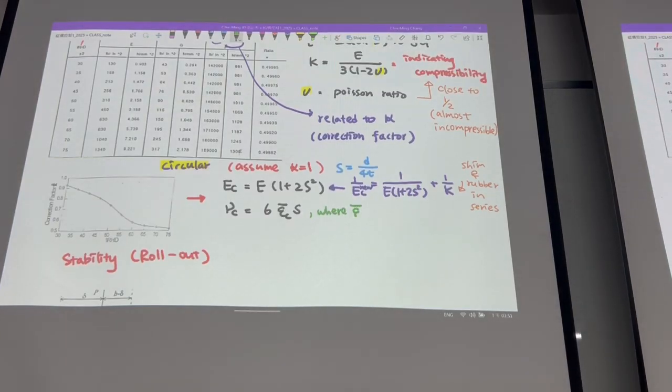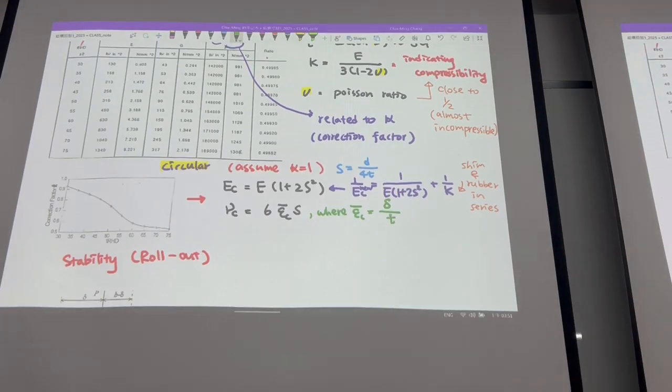So let's say this guy here, that's the average. So the total delta you have divided by T, the deformation divided by the thickness. That means your shear stress.